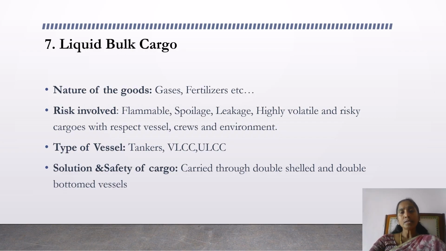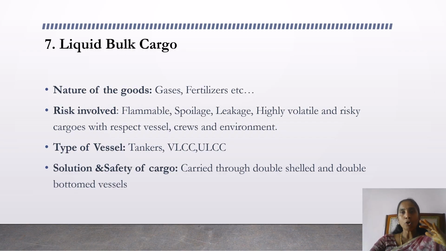So, what is the risk involved in this? The risk involved is that it is highly flammable. It destroys the entire vessel, with problems of leakage, spoilage, and high risks with respect to the crew members. The entire team will get disturbed if it is not being properly carried. So the type of vessel which we can use is tankers, VLCC, and ULCC.